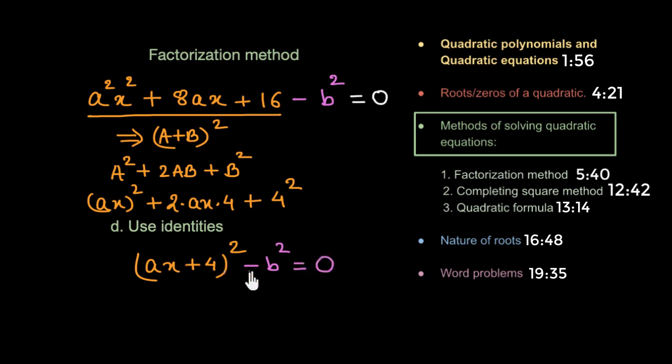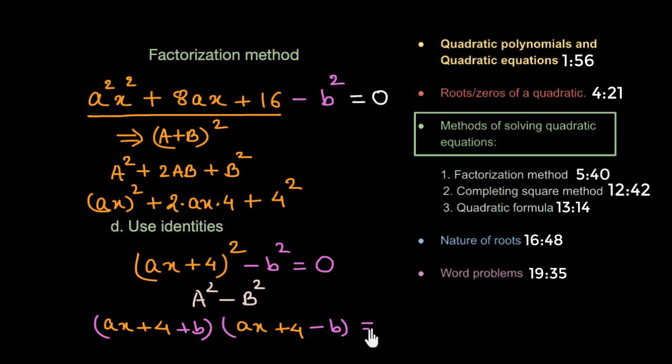Now this is again of the form of difference of two squares. That is something like a square minus b square, which is equal to a plus b times a minus b. So this we can further factorize as ax plus 4 plus b times ax plus 4 minus b equal to 0.